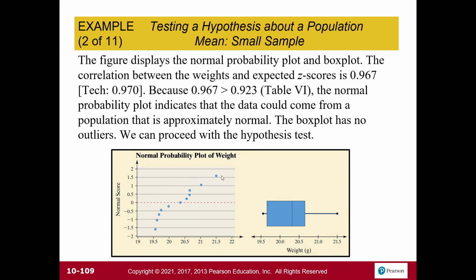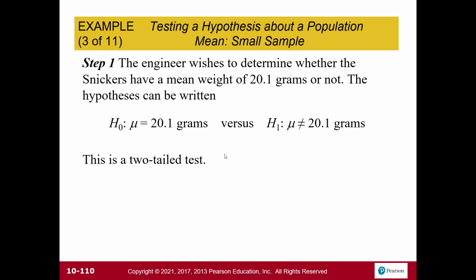All right, let's test for normality. Yeah, this is good. Also, from the box plot there, it doesn't look that normal, but approximately. We may proceed. Step 1. The engineer wishes to determine whether the Snickers has a mean weight of 20.1 or not.